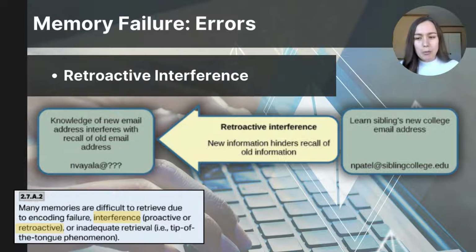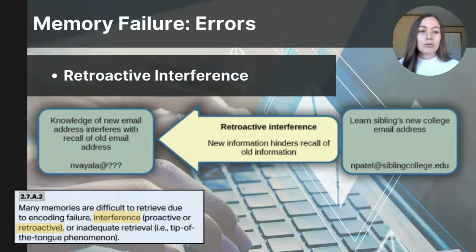So you come up with a new password and you work to remember your new password on that new device, but now maybe you're going back to sign into an old email address and you need to use that old password. But you can't remember it because all you can think of is the new password that you just created with these special characters. You have had a retroactive interference where new information is blocking your ability to recall old information.